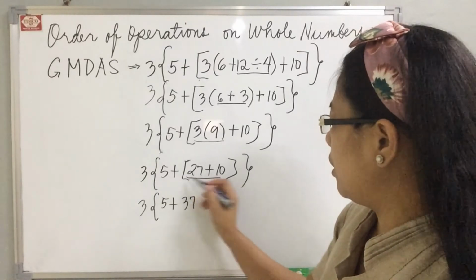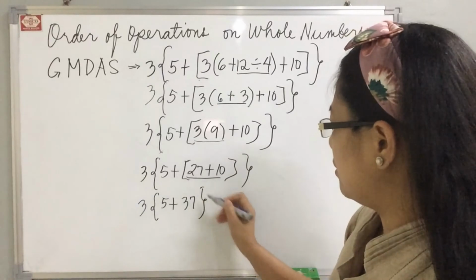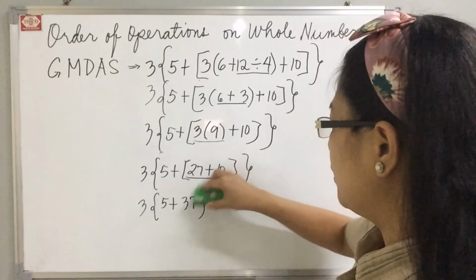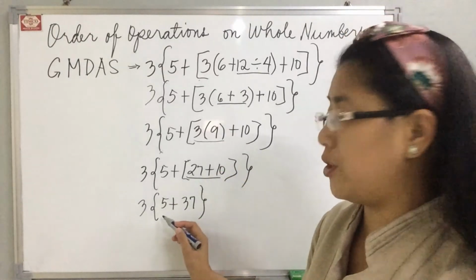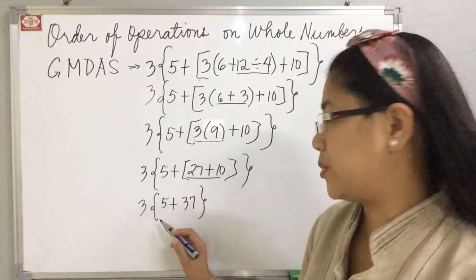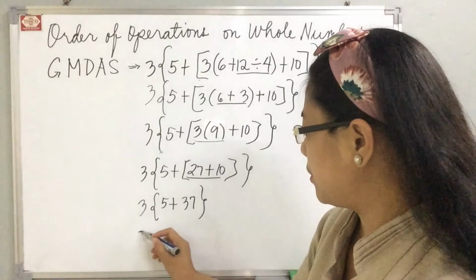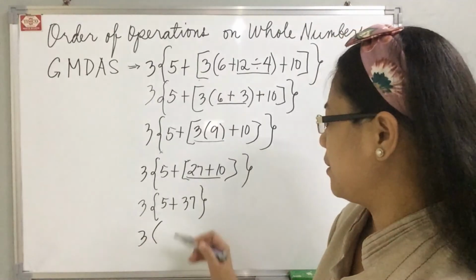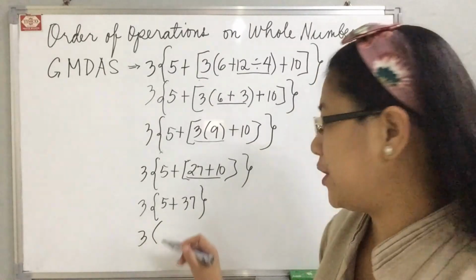We can now remove the bracket and then the brace sign here. The next one is to solve what's inside the brace. So 5 plus 37. We can now replace this brace with parenthesis. 5 plus 37 is 42.